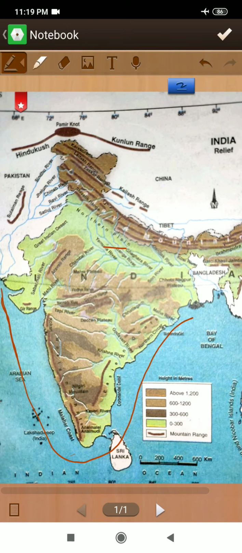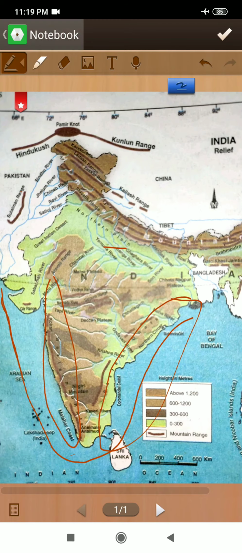These are the western coastal plains, and these are the eastern coastal plains. The coastal plains which are formed by the Arabian Sea are called western coastal plains, and those formed by the Bay of Bengal are called eastern coastal plains.